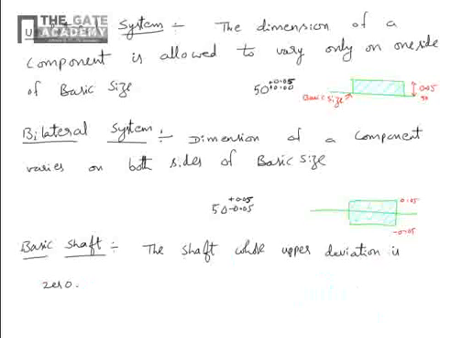If you take the same example, shaft upper deviation, so this is 50 minus 0.05. This shaft is represented as 50 plus 0.00 minus 0.05.